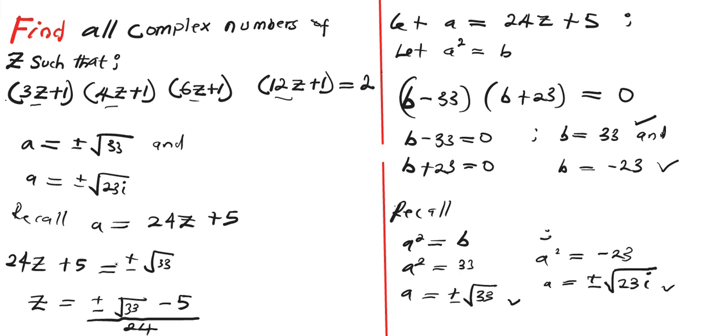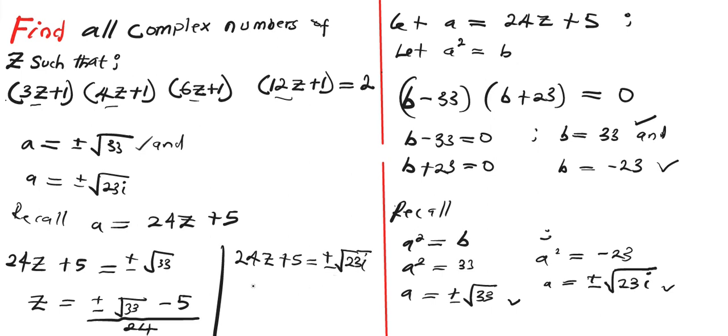This is for the first value. Let's do the same for the second, which gives us 24z + 5 = ±√23 i.